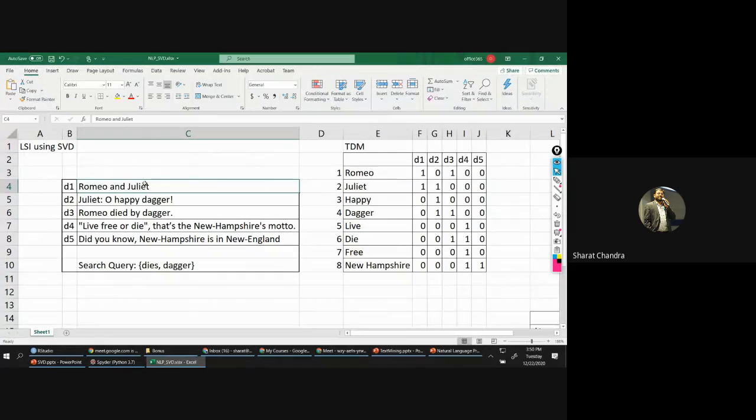I don't have dice, I don't have dagger in that particular document, isn't it? But I get Romeo and Juliet as the second highest result, because it is relevant to that subject, dice and dagger. If you know the story, then you understand the correlation between Romeo and Juliet. So context is something that we are trying to extract.